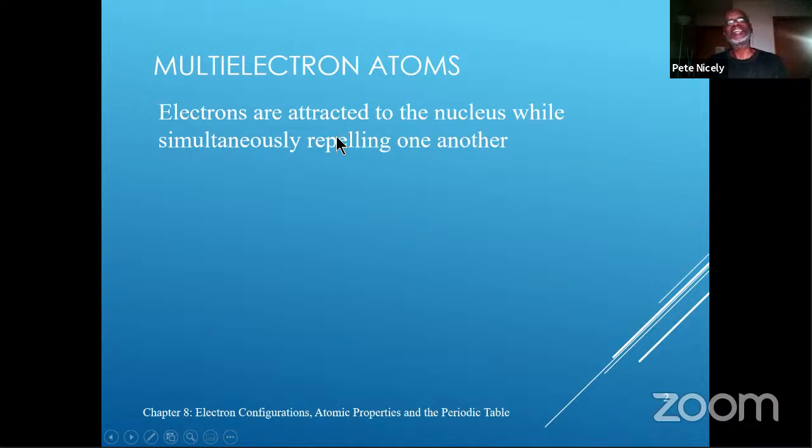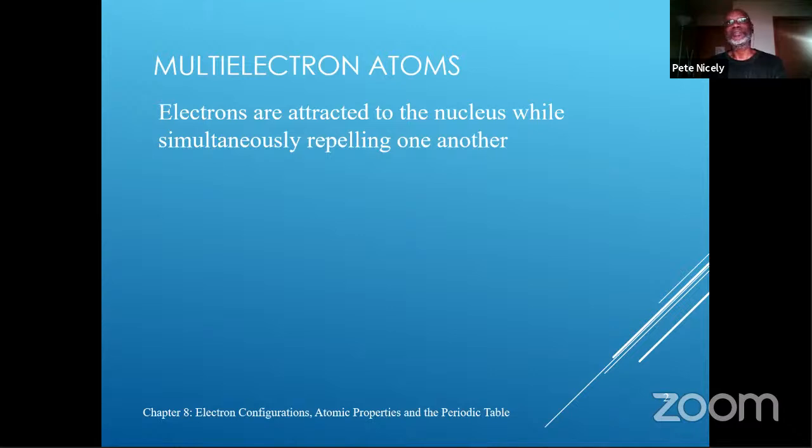In the case of the model that we were talking about in the previous chapter, what you're going to find is that in the single electron atom, namely the hydrogen atom or similar structures, we can easily predict the energies of the different subshells and the shells within the atom. That's because in a single electron atom, you have only one electron.